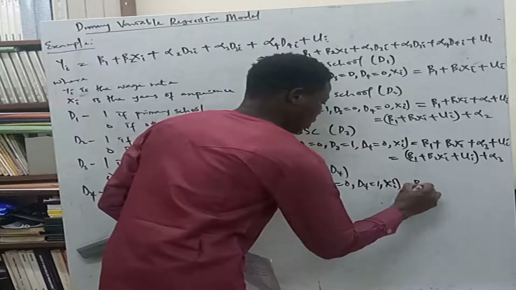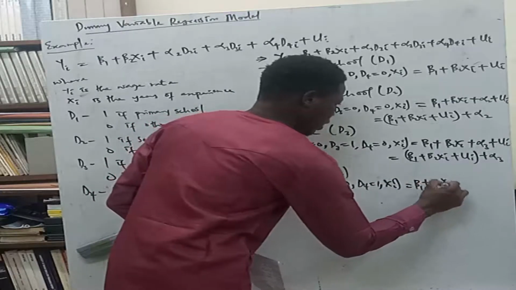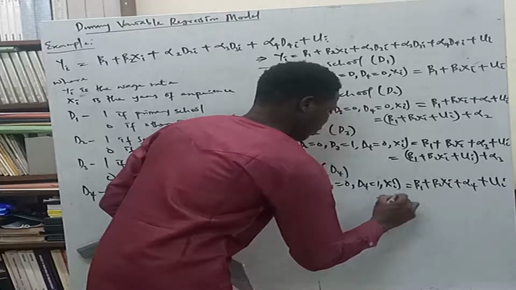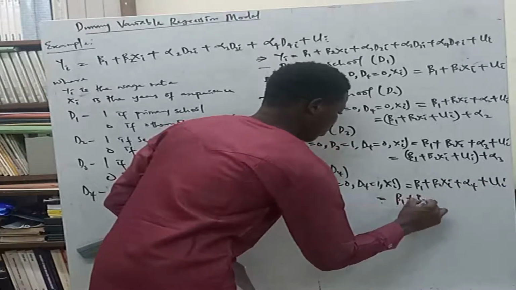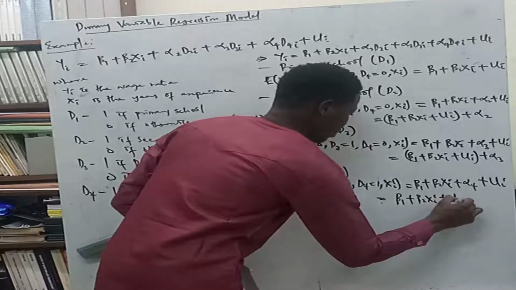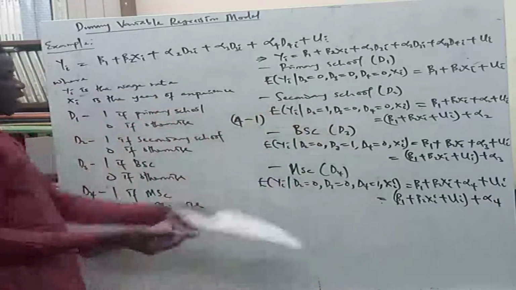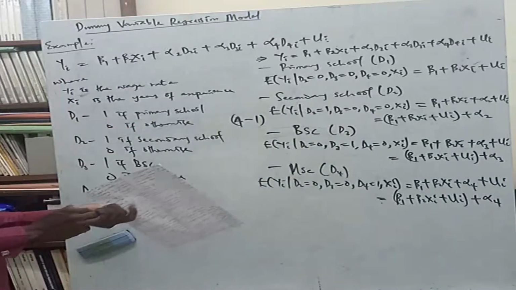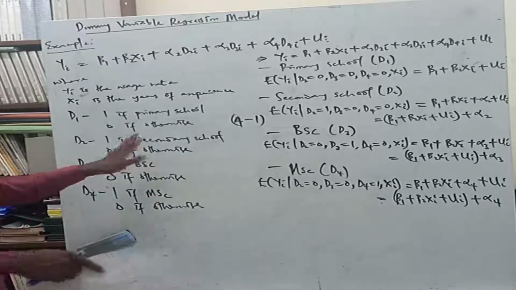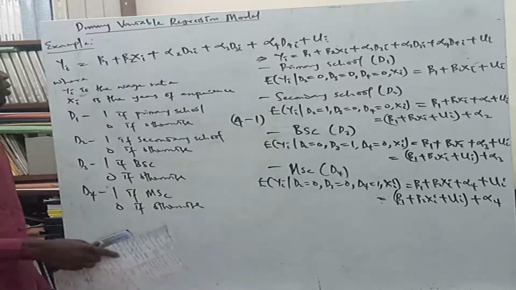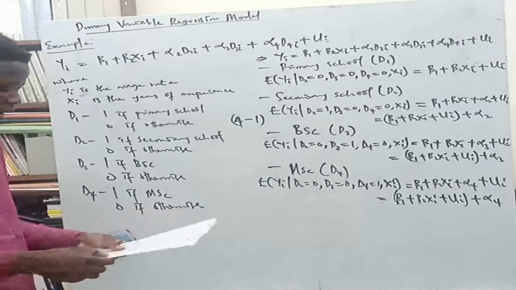So that gives beta 1 plus beta 2 xi plus alpha 4 plus ui. So that gives beta 1 plus beta 2 xi plus ui plus alpha 4. So you can see the differential effect. That is how you treat the dummy variable in a regression model.